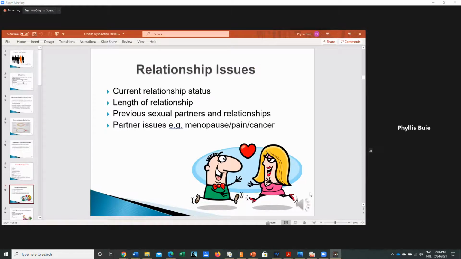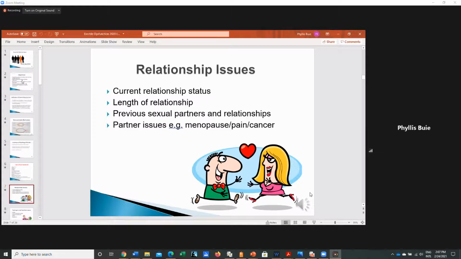So we've already talked a little bit about psychosocial issues that can come into play. What type of relationship are you in? How long have you been in the relationship? What type of relationships have you had in the past? Is your partner having issues? If your partner's having issues with menopause to where intercourse may be painful, that may be a problem interfering with the male erectile function.